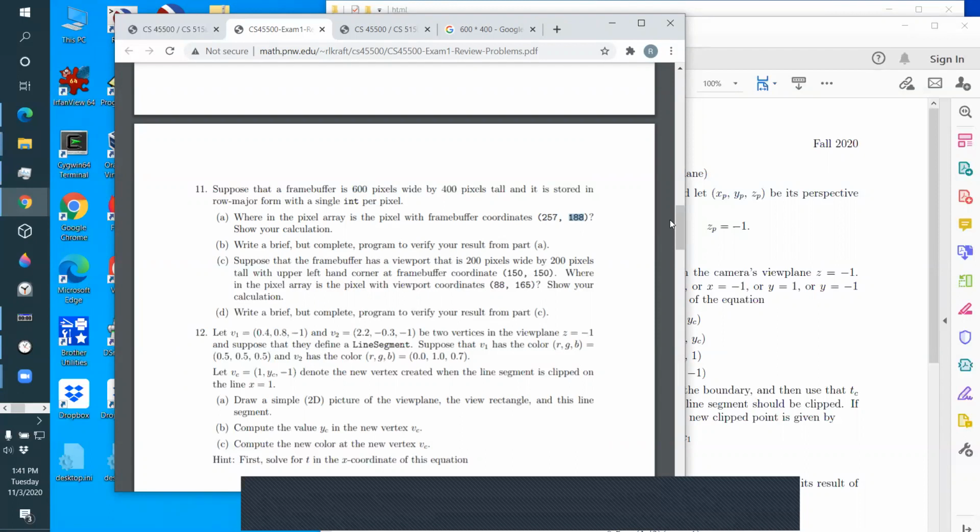Your number 188, since you're starting to count from 0, is the 189th position in that row. But you just add 188 because you're starting out counting at 0. So you just have to think a little bit about what this means. That's the 258th row, so you have to skip over 257 rows. And that's the 189th pixel in that row, so you have to skip over 188 pixels. Aren't you glad they started counting at 0?